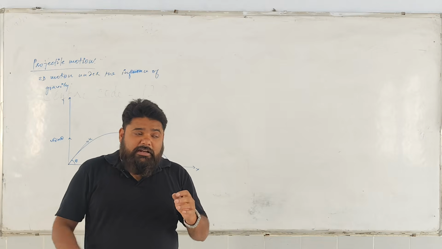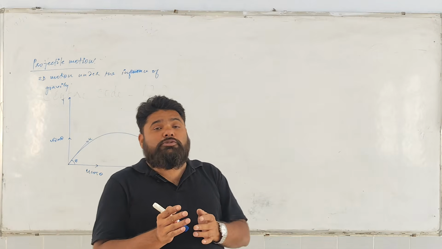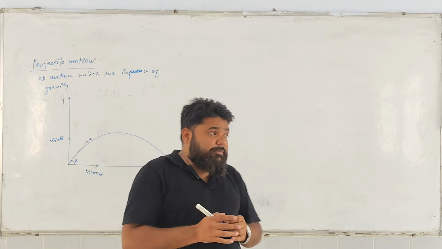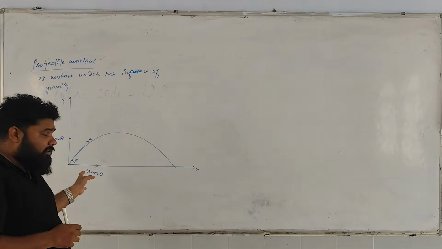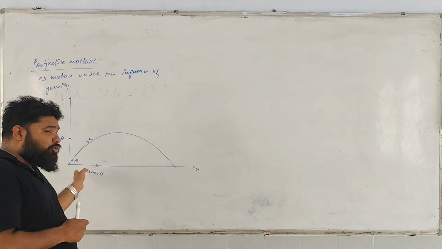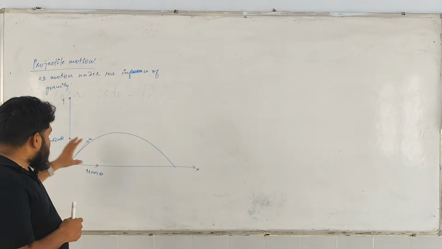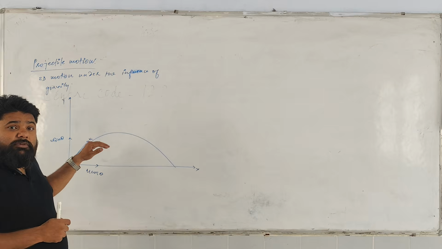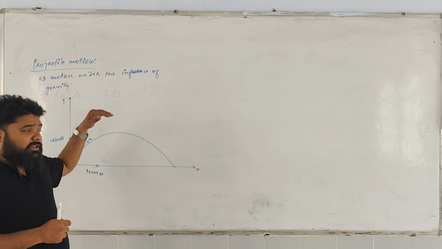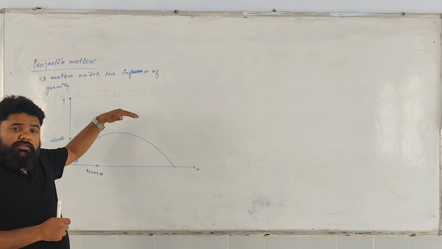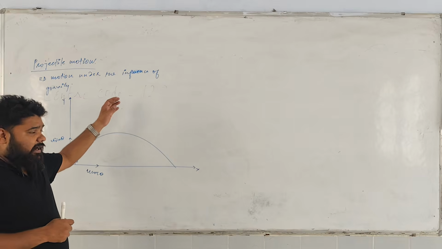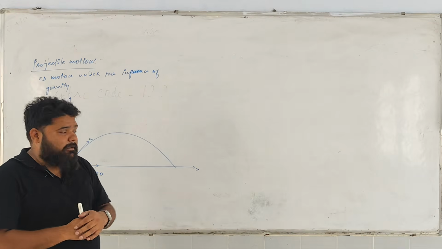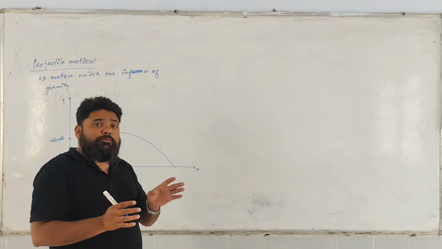That means under the combined effect of these two components, the path will be parabolic. The u cos theta component makes the body move in the forward direction, and the u sin theta component makes the body move vertically upward initially, then become zero at a certain height, that is the maximum height, and then increase again until the object hits the ground. So we will see the combined motion of these two.